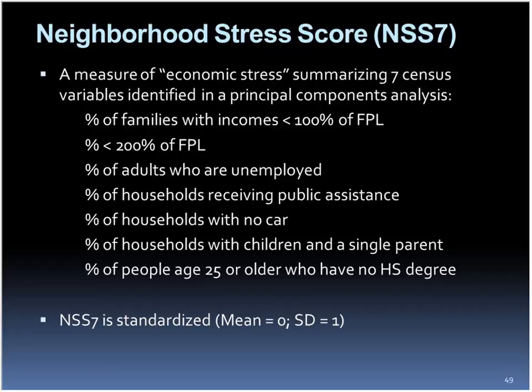We added them up and re-standardized it so that one increment in NSS, the neighborhood stress score, represents a 1 standard deviation increase in the economic stress of the neighborhood in which you live. Next slide.